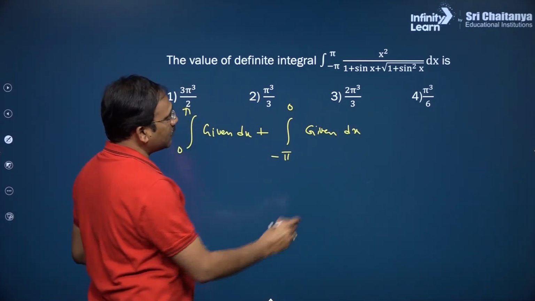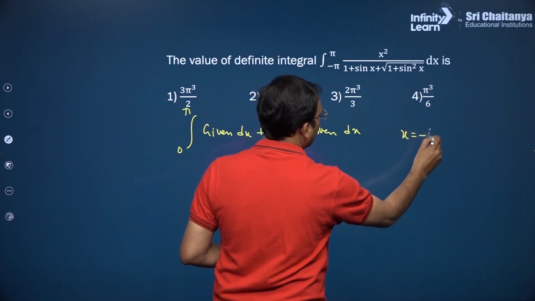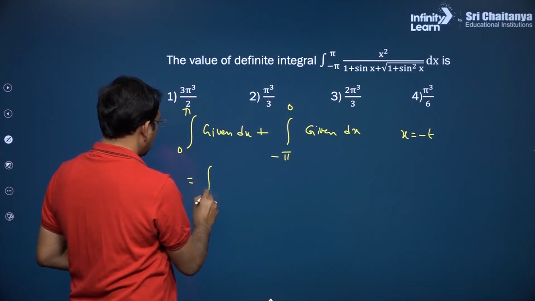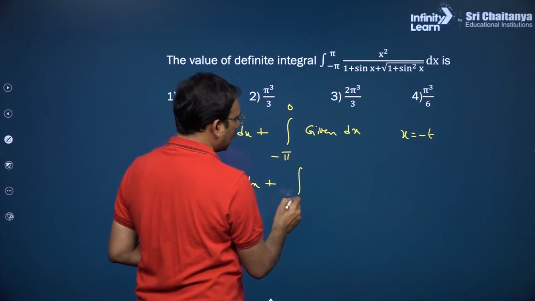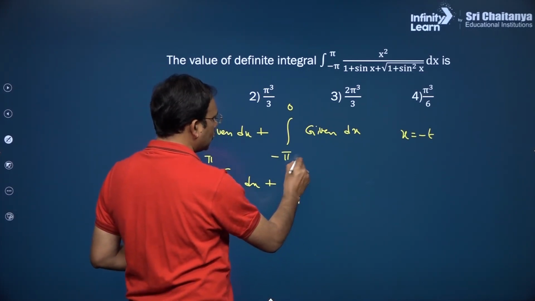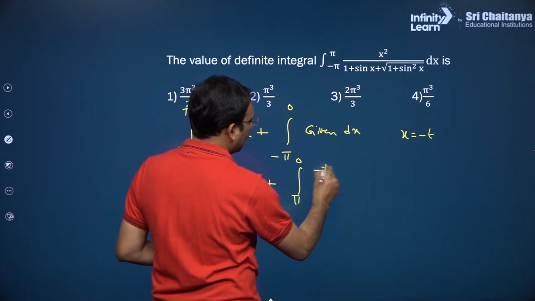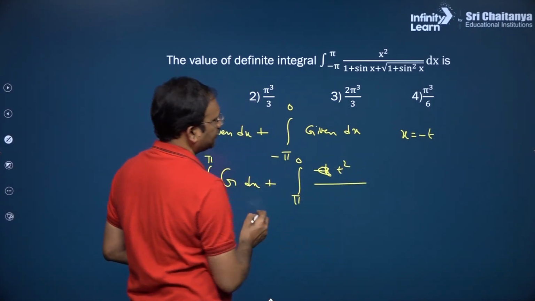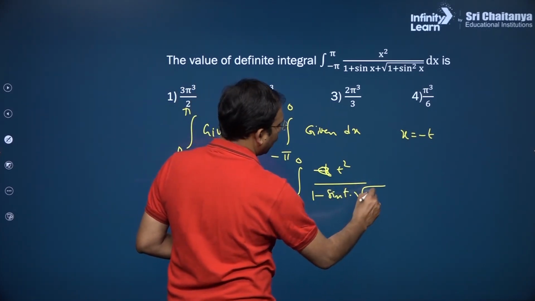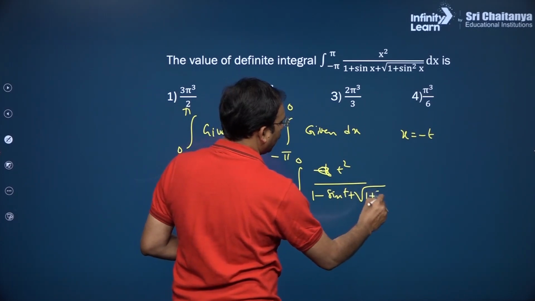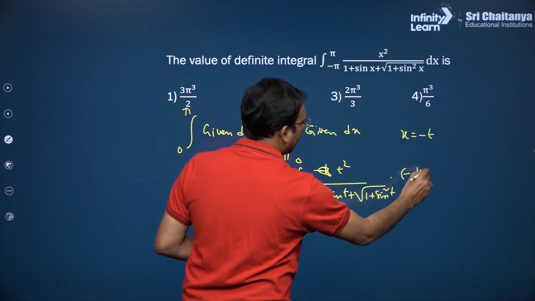Now, in the given expression I put x is equal to minus t, so that this becomes integral 0 to pi given expression plus integral, when minus pi means pi to 0, given will become, you see, minus t square by 1 minus sin t plus root of 1 plus sin square t, and dx will become minus dt, my dear friends.